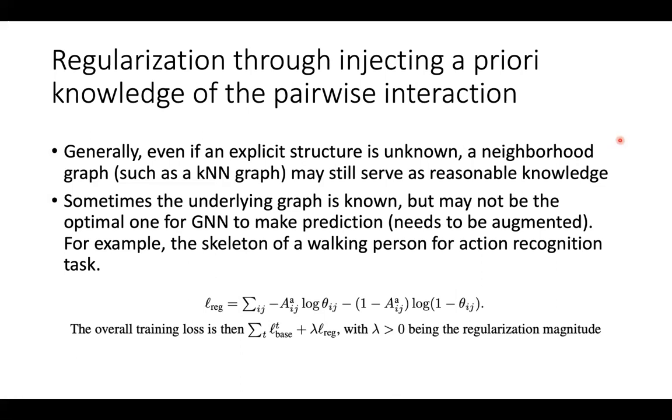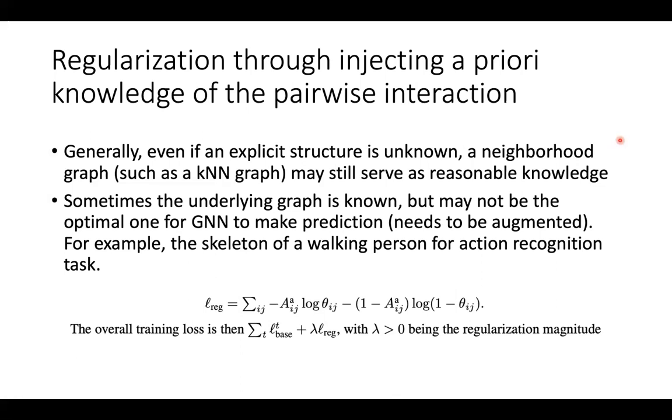So there are many other papers where, although there's a given graph already, they also do some graph structure inference. Here they propose a regularization, which they call a prior, by injecting it into the loss function.